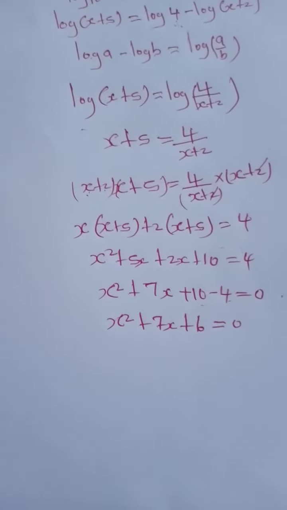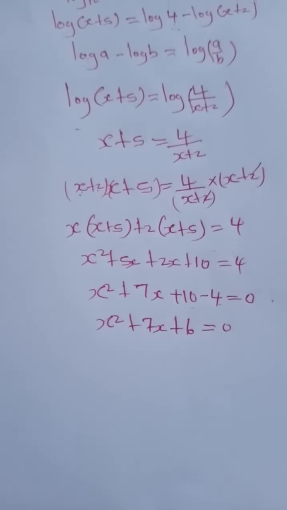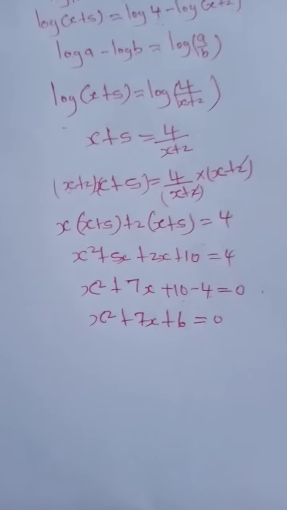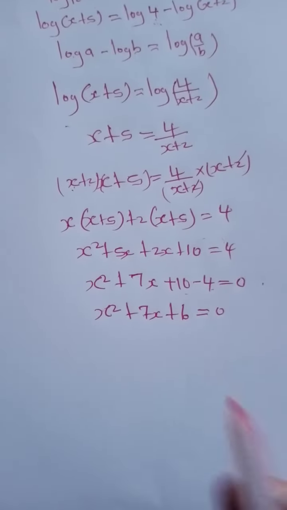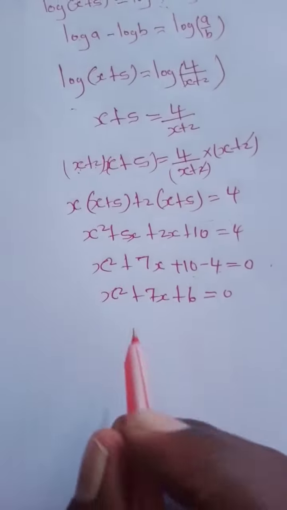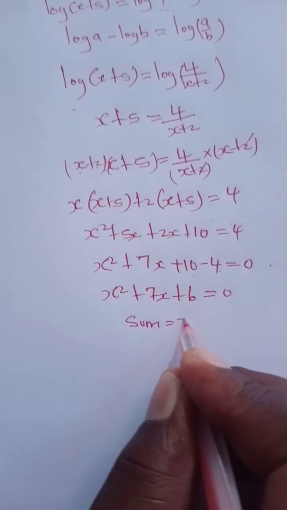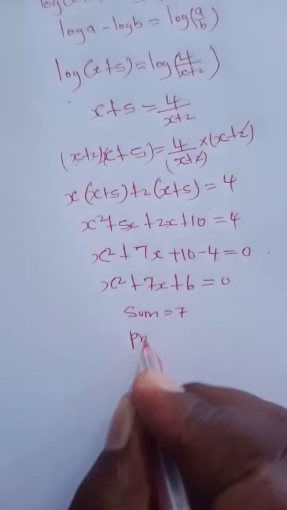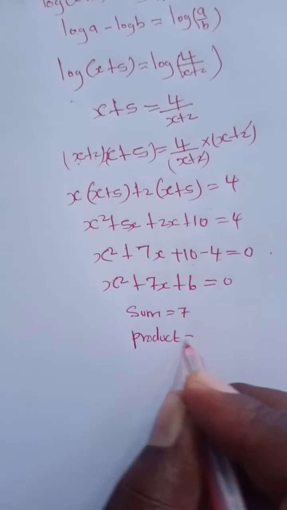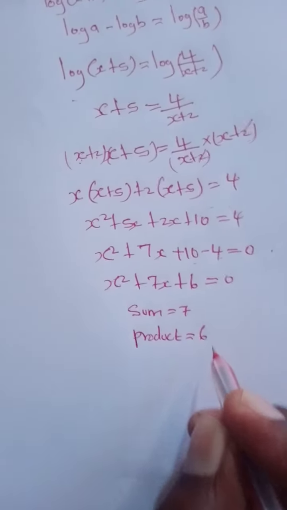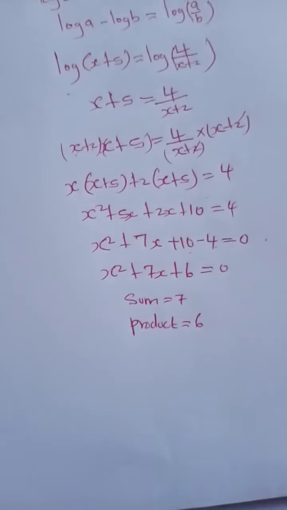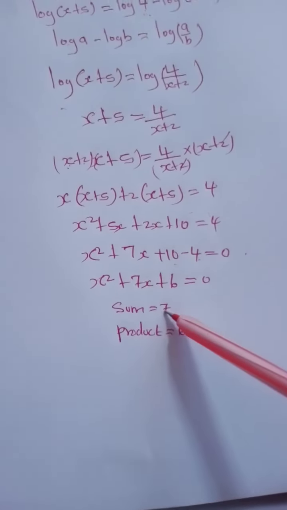Now we need to solve this one. We need to find the sum, which here is 7, and the product, which is 6. We need a pair of numbers that add up to 7 and multiply to 6. Here the numbers are 6 and 1.